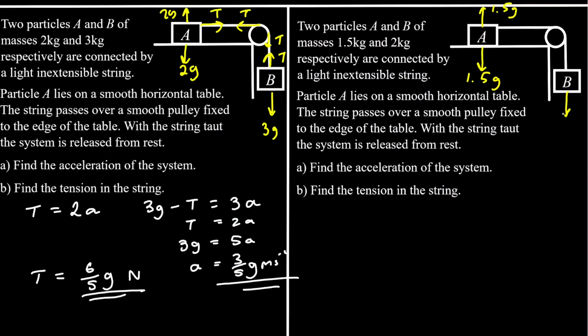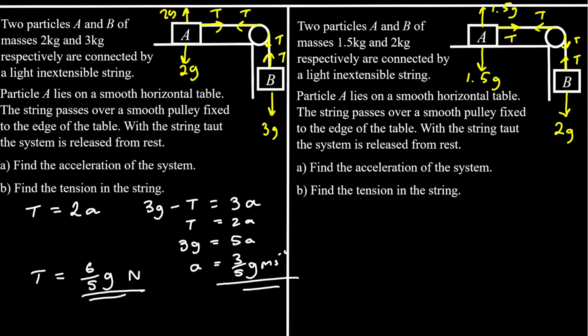B has got a mass of 2 kilograms, which means its weight is 2g. There's a tension pulling A along. There's a tension resisting B. And acting on the pulley, the two equal and opposite tensions. So they are our forces.